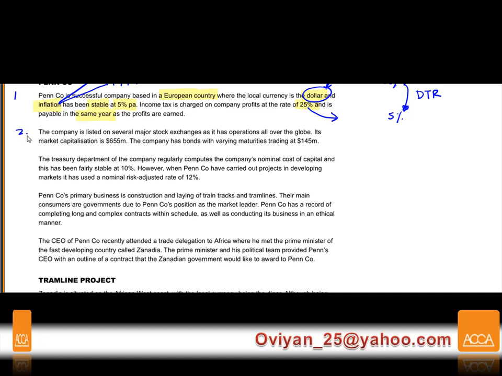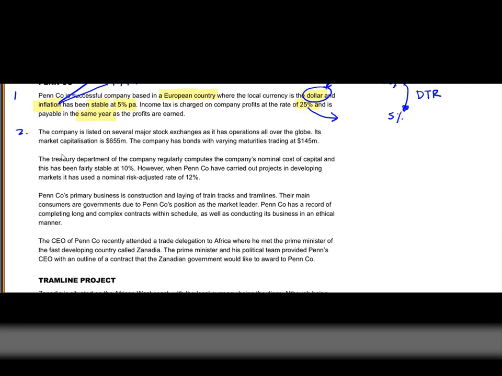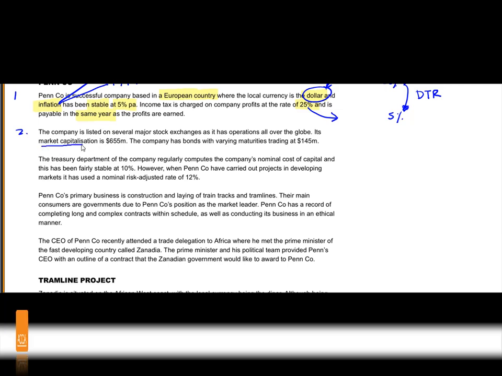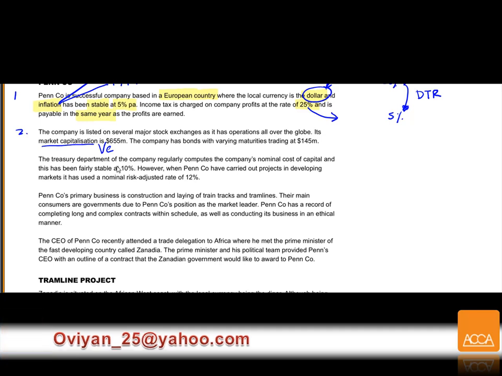Second thing that we're going to see here in the second paragraph. The company is listed on several major stock exchanges and it has operations all over the globe. Its market capitalization, you should know by now, is the total market value of the company. You take the number of shares, multiply with the share price, and you get the value of your equity in total.